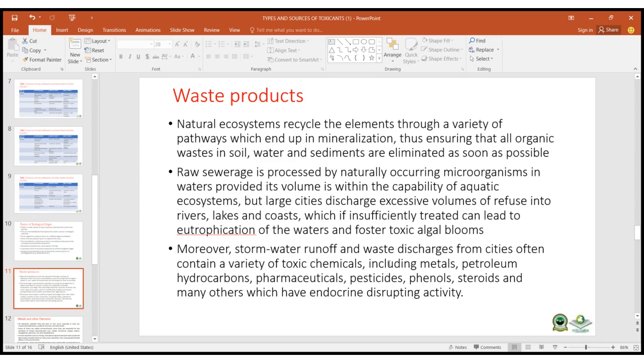So when they have a similar structure, they look like the hormones in the body, and if they look like the hormones in the body, they begin to compete with the natural hormones, and that can cause serious problems. So waste products are very, very good sources of toxins.